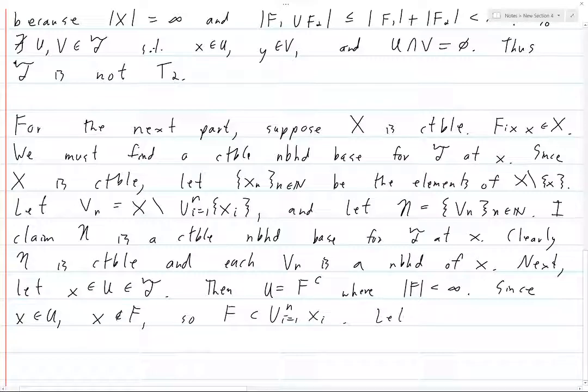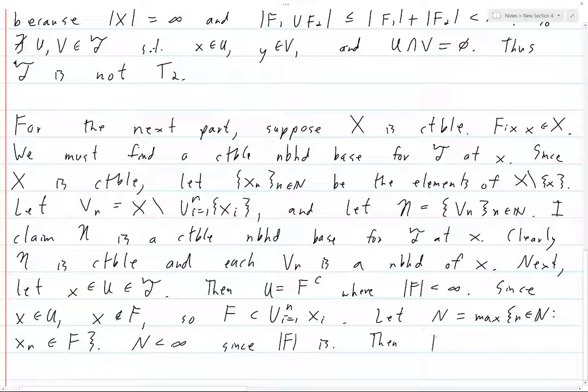Alright? And now let capital N be the max of all the indices n in the natural numbers such that xn is in F. N is finite since F is. So N exists, and in particular is finite because F is a finite set, so there is some maximum there.